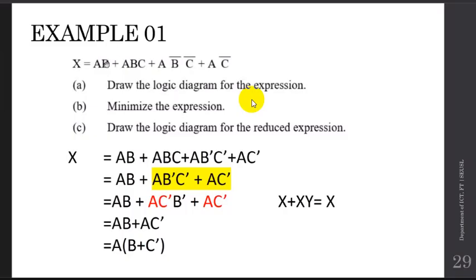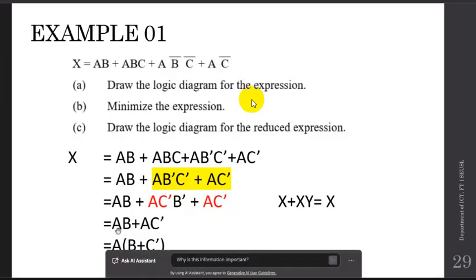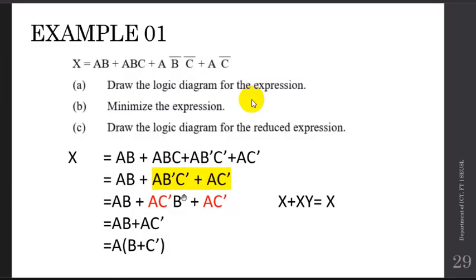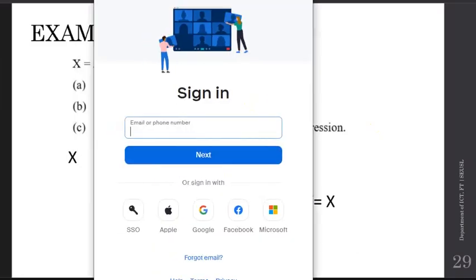If you have a look here, to implement the circuit for this one, with A, B, C and all, you need more AND gates and OR gates and NOT gates also. But if the same expression is reduced to A into B plus C bar, you can implement this with a single NOT and OR gate, right?